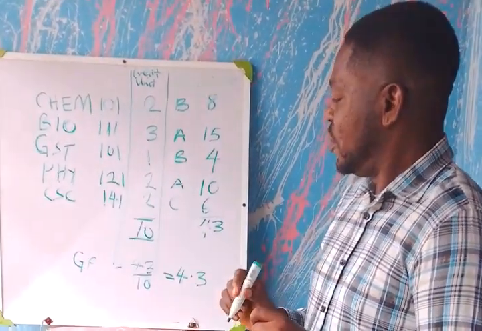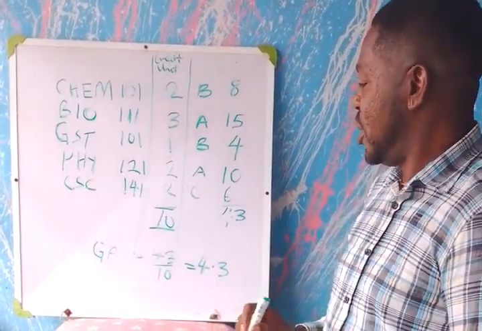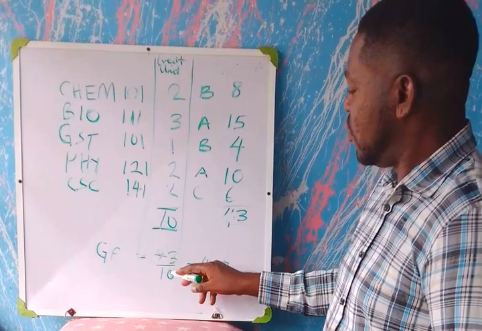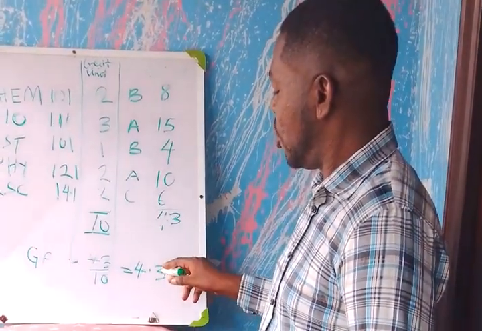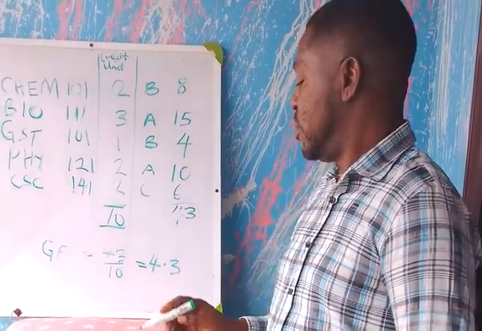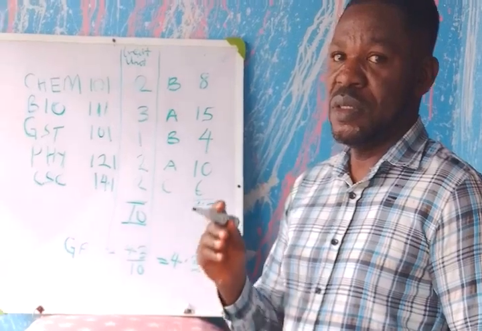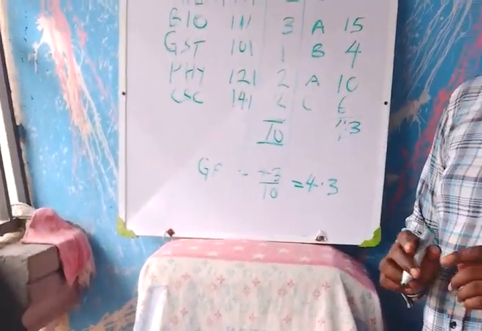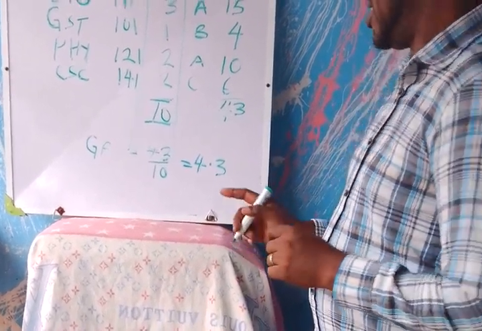So now to have your grade point GP, you divide 43 by 10, which is 43 over 10 equals 4.3. And of course you know that this corresponds to second class upper, because first class starts from 4.5 to 5 in a typical Nigerian university system.